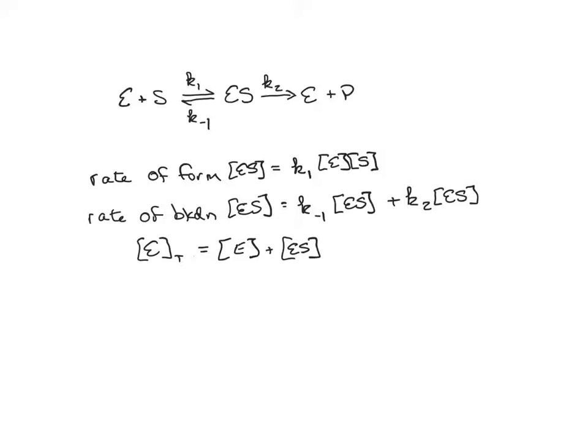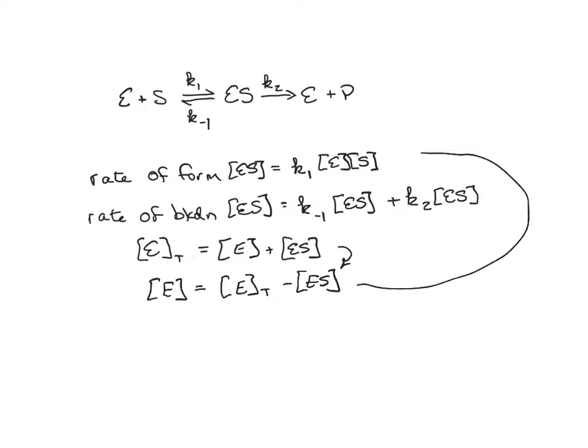So what? Well, if enzyme total equals E plus ES, that means that E equals the total enzyme concentration minus ES, right? If I just move ES to the other side from that equation, yep. So the amount of enzyme equals E total minus ES, and I can sub that into that reaction.